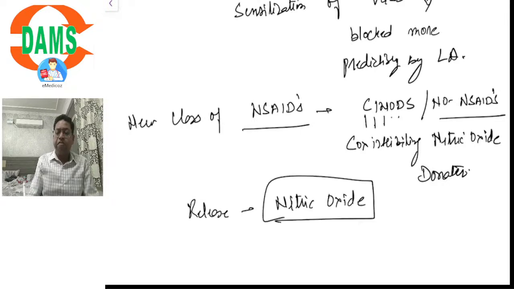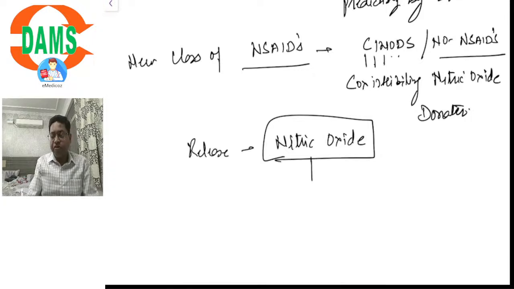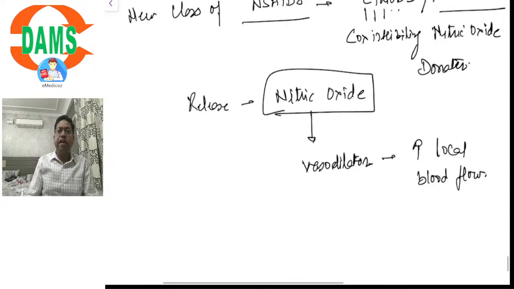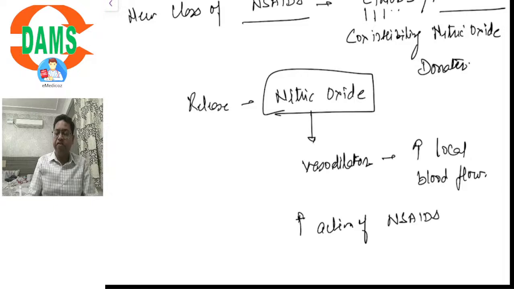And from the basics of pharmacology, you must be knowing that nitric oxide is basically a vasodilator. So it increases local blood flow. And once the local blood flow is increased, there is increased action of non-steroidal anti-inflammatory drugs, and there is decreased chance of gastric irritation.